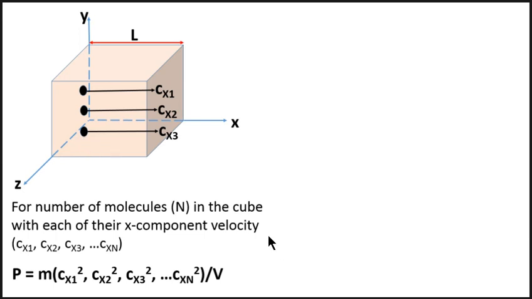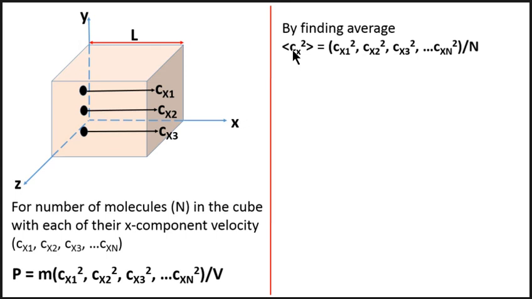So if I do that by finding the average, the mean of the total velocity squared will equal the sum of the squares of each individual velocity or speed, divided by the total number of molecules.